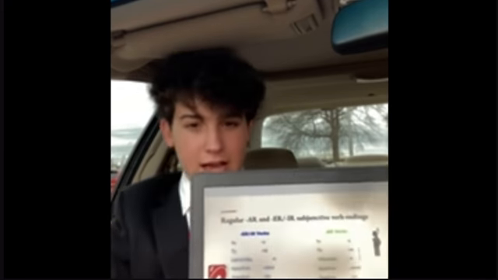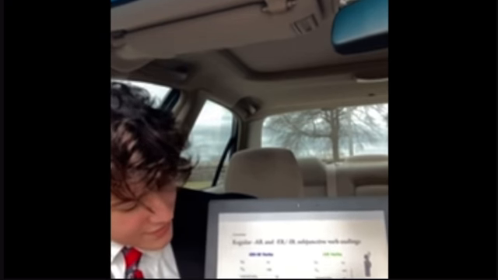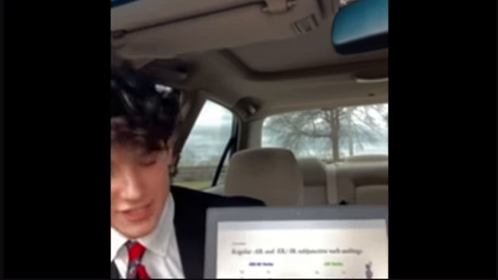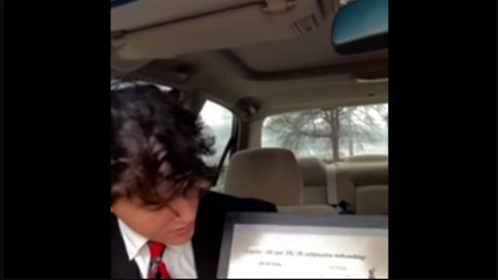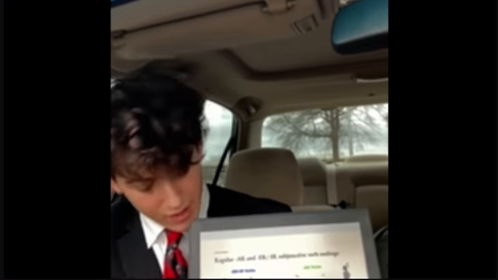As we can see here from the example, for some ER verbs, yo changes to a, tú changes to as, usted, él, and ella change to a, nosotros changes to amos, vosotros changes to áis, and ustedes, ellas, and ellos change to an.